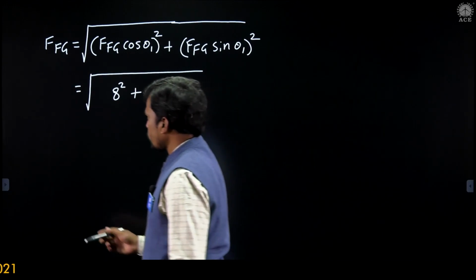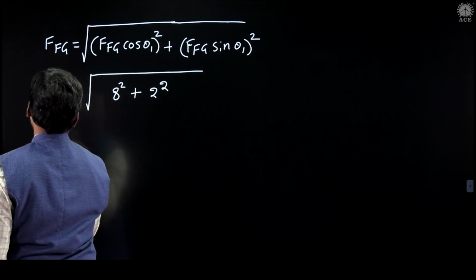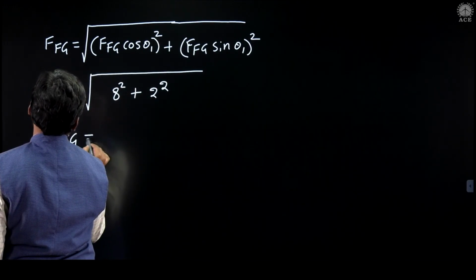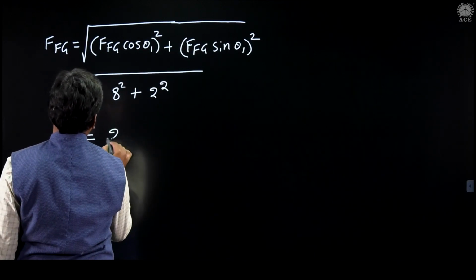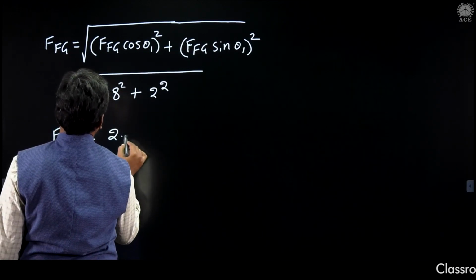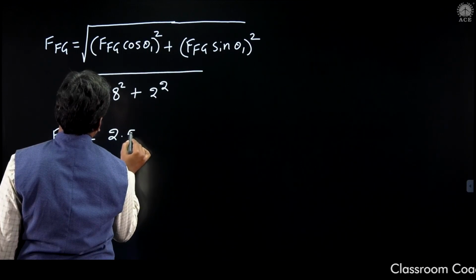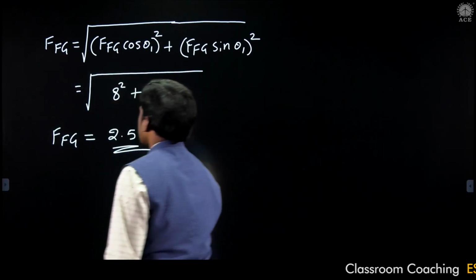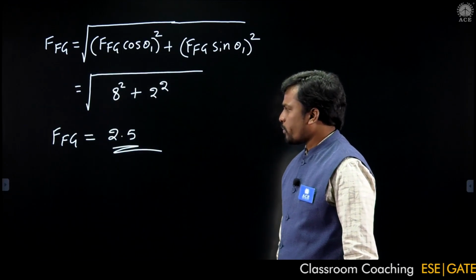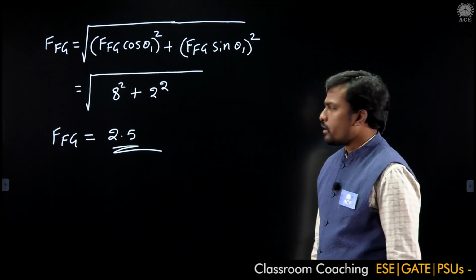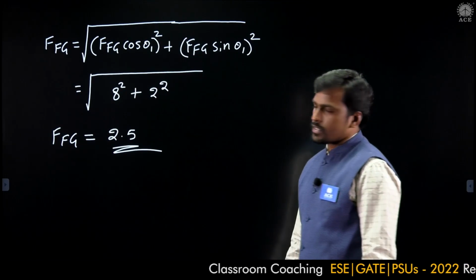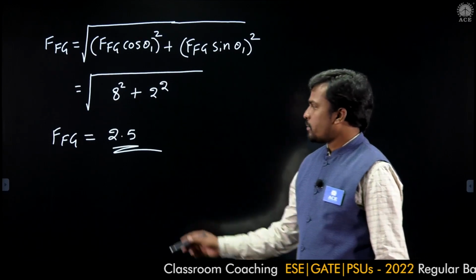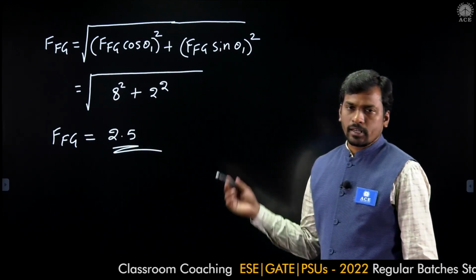Then solve this equation, you will get the tensile force in member FG. Approximately you will get 2.5 or 2.4, please check it. Now this is the tensile force, but please check this value. Note down, please.